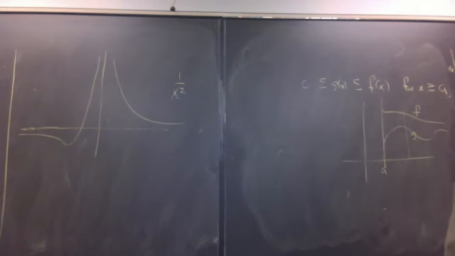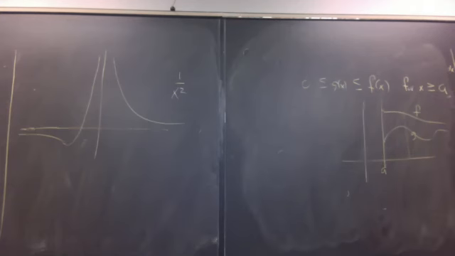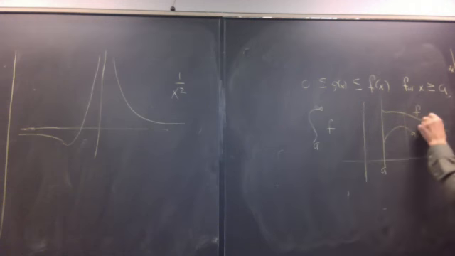Okay, so part A says, if the improper integral of f converges, then the improper integral of g converges. So does that make sense to you? When I do an integral of f from a to infinity, if this makes sense, what about this smaller one?